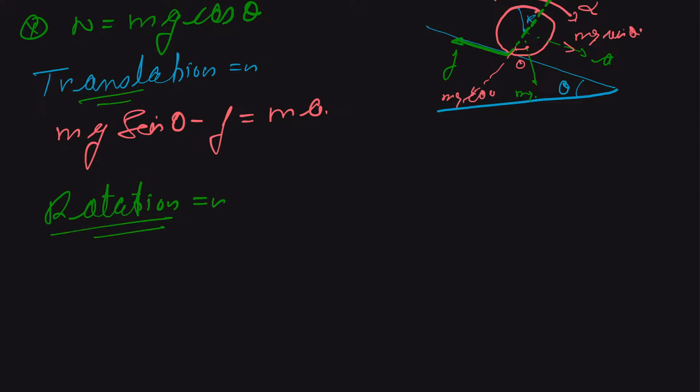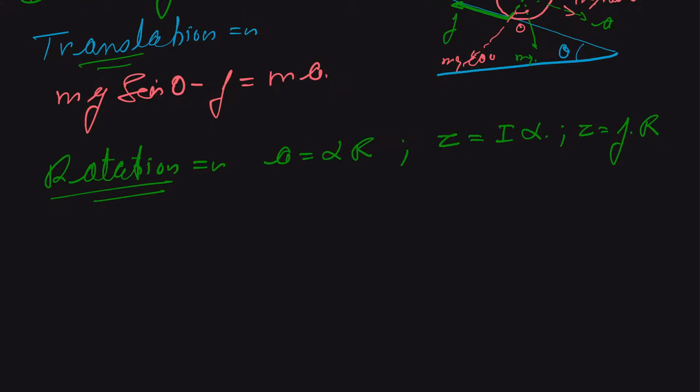For the rotational equation, because there is no slipping, only rolling, we know that a will be equal to alpha times r, and the torque is equal to I times alpha, and the torque will be provided by our frictional force. So we can say our torque is equal to frictional force F times the perpendicular distance r.